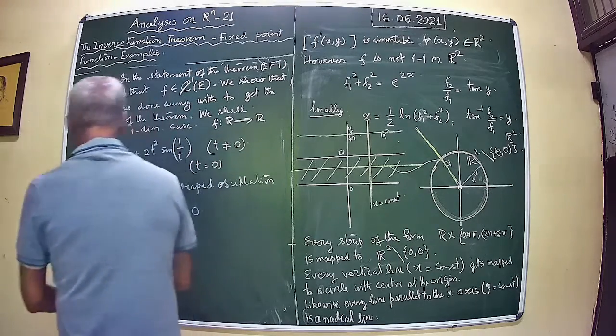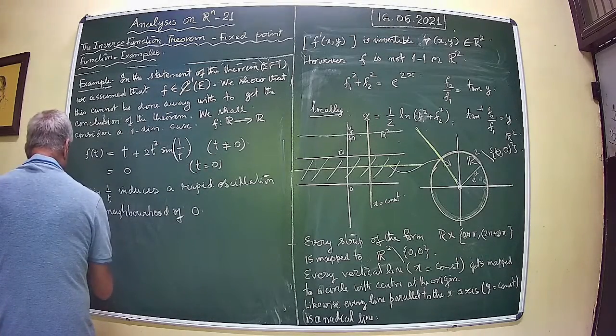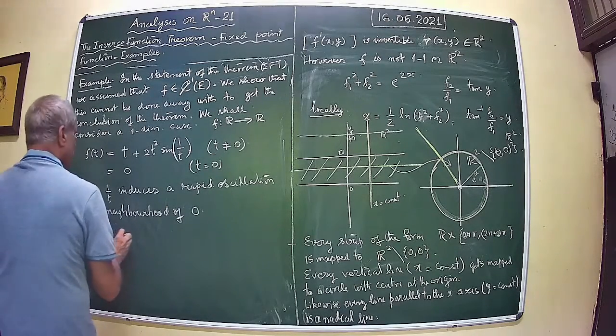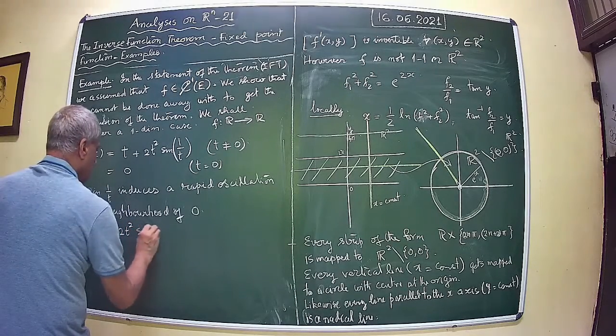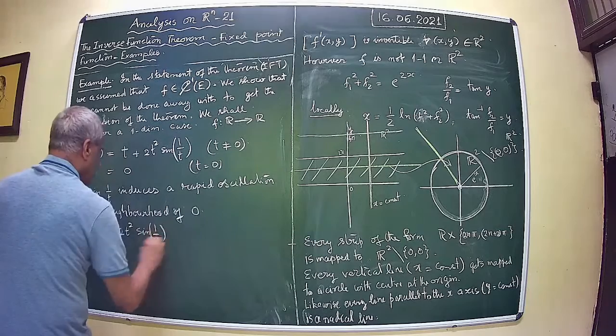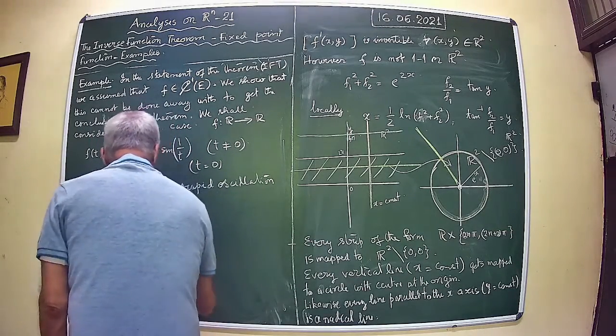For instance, let us look at this function. So the graph of 2t square sine 1 by t is something like this.